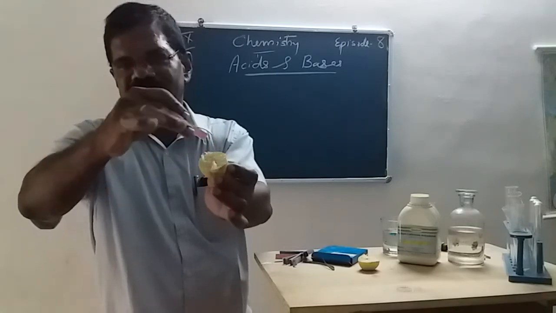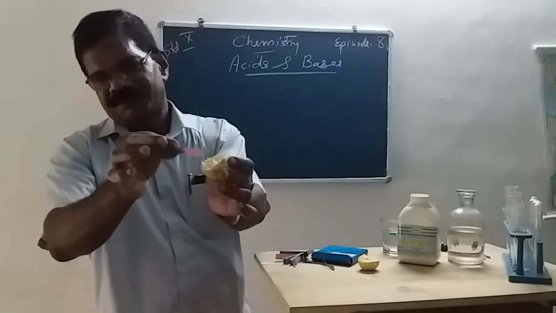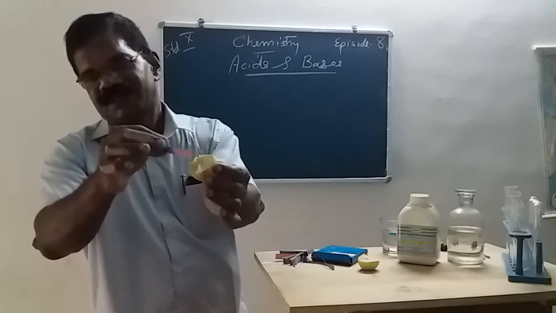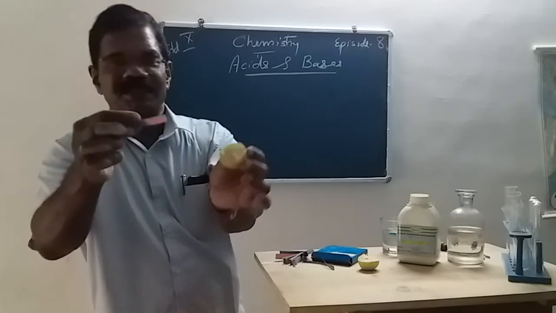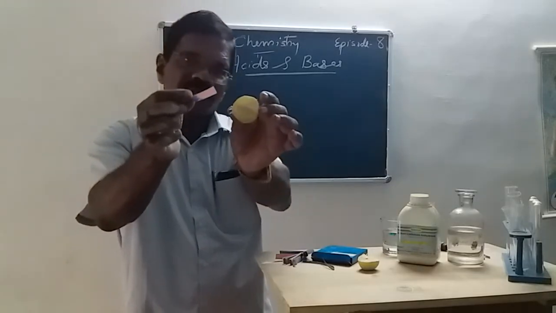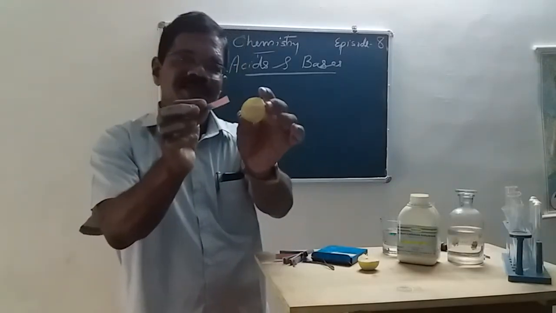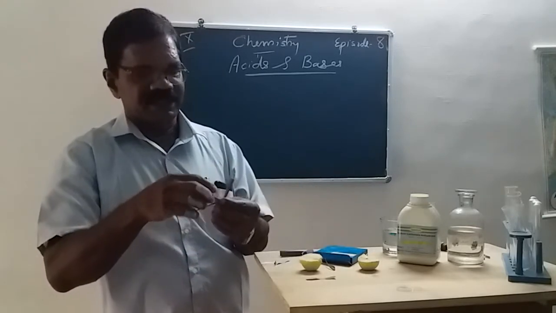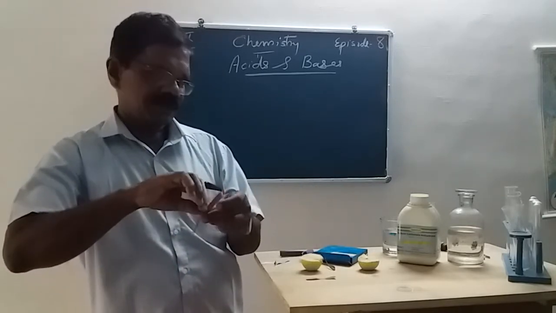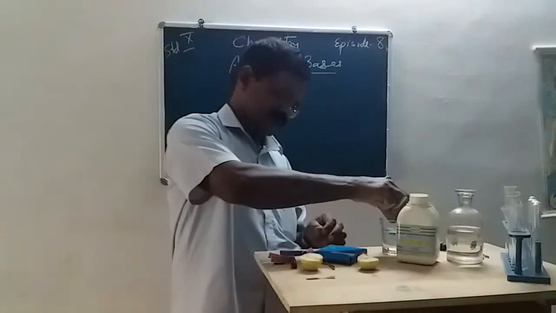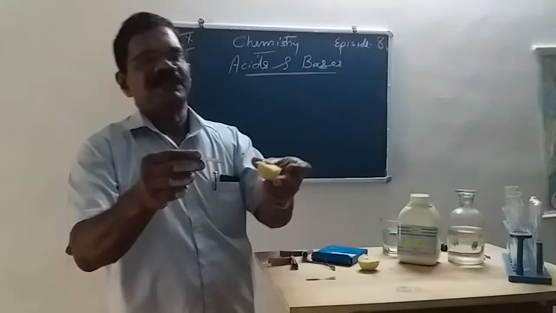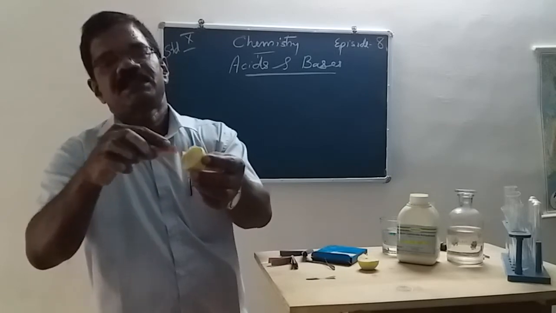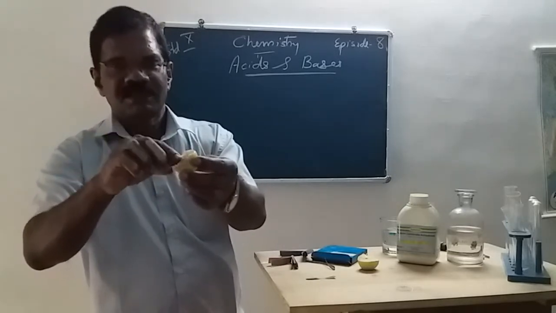When the blue litmus paper is placed in the lemon liquid, which is citric acid, it turns blue litmus red. Then take another, red litmus paper. If a red litmus is placed, any change? No change.